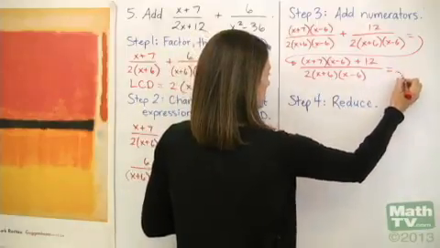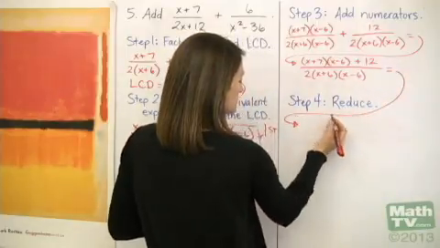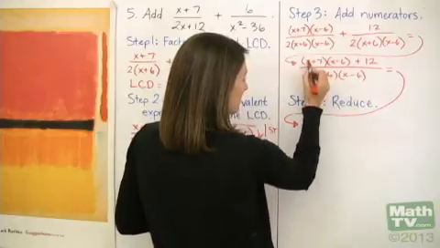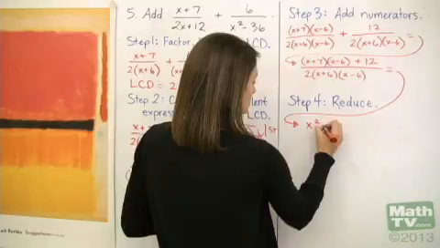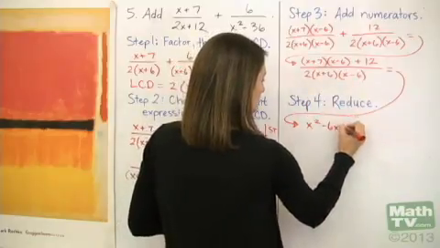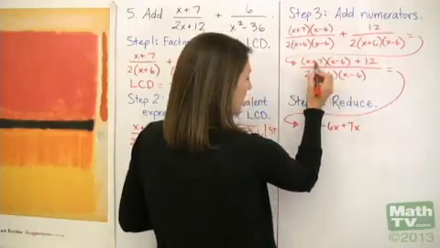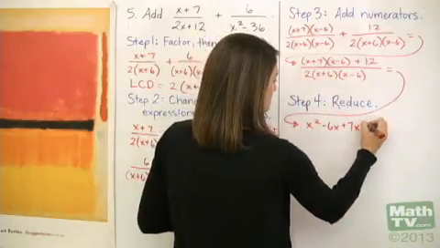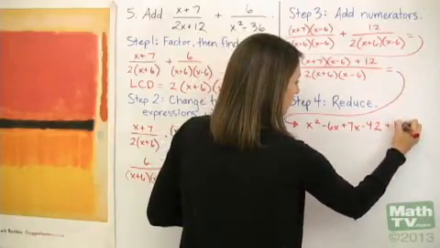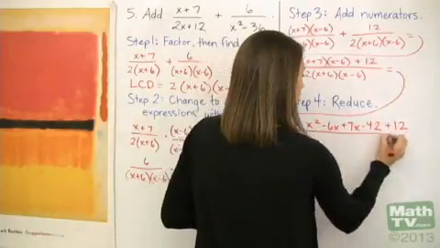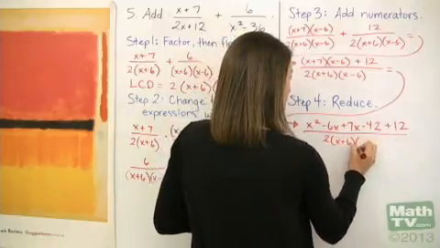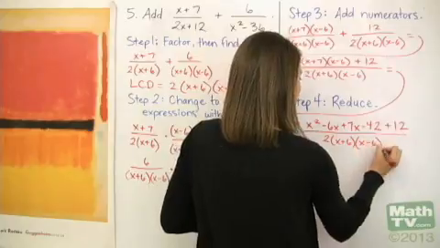We have x times x, which is x squared, then x times negative 6, which is negative 6x. 7 times x is 7x, and 7 times negative 6 is negative 42. And then we can't forget to add our 12. So this is still all over our LCD, 2(x + 6)(x - 6).